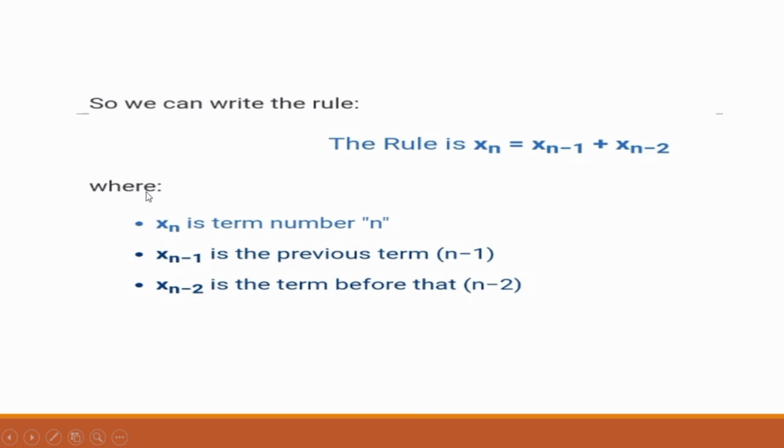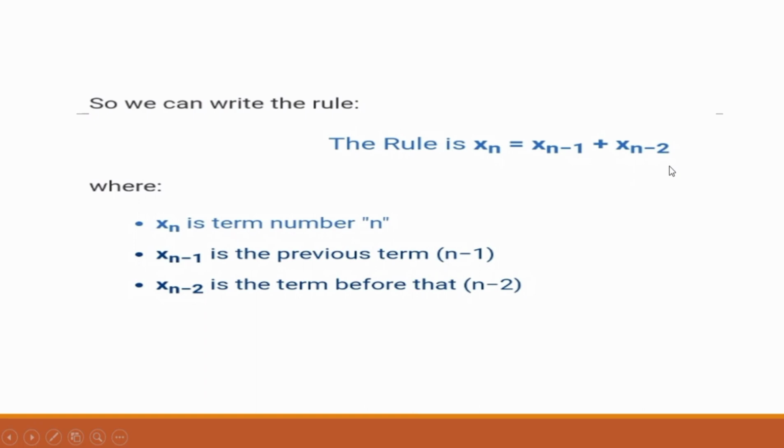So, where x sub n is term number n. x sub n minus 1 is the previous term, n minus 1. x sub n minus 2 is the term before that, n minus 2. So, lagi yung tandaan, using the Fibonacci sequence, our rule is x sub n equals x sub n minus 1 plus x sub n minus 2.